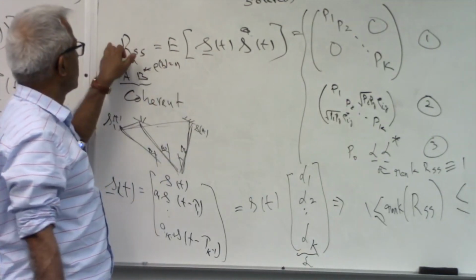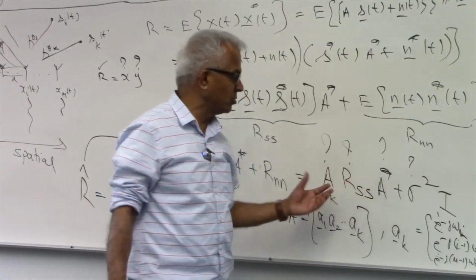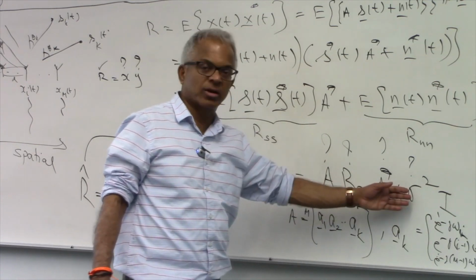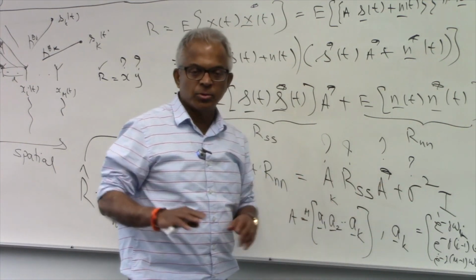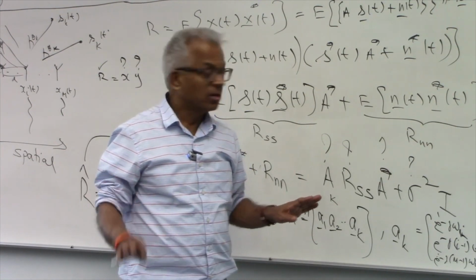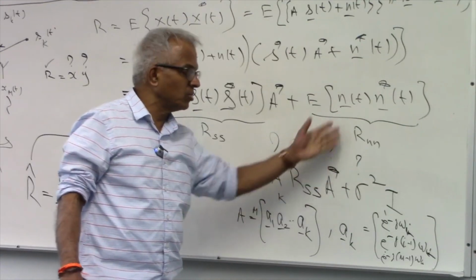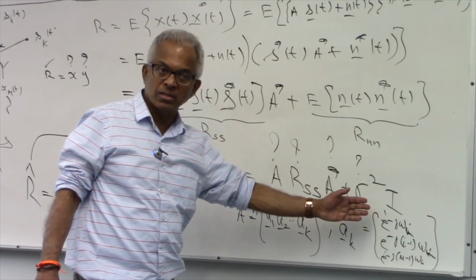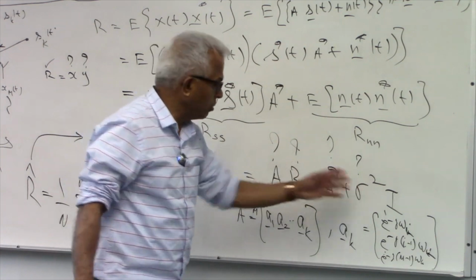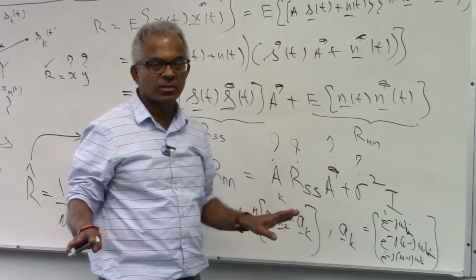So if you multiply by any vector transpose, that's non-negative. That's being multiplied by the same thing, so the same logic goes. This is non-negative definite, this is non-negative definite. So if you add two non-negative definite matrices, you cannot decrease the rank. In fact, this being diagonal, this is full rank. So to this full rank, if you add a piece, its rank is not going to decrease.